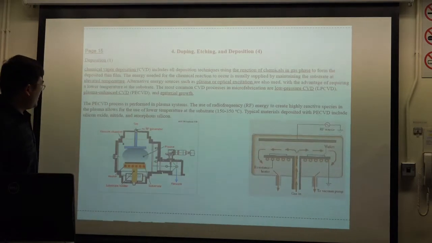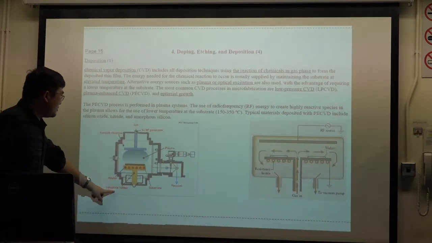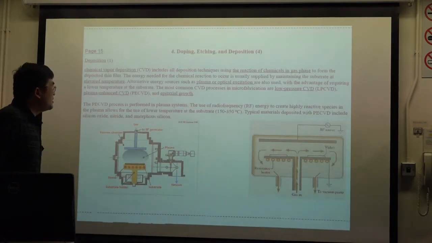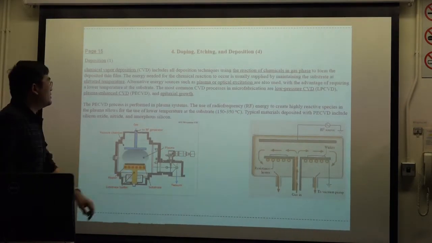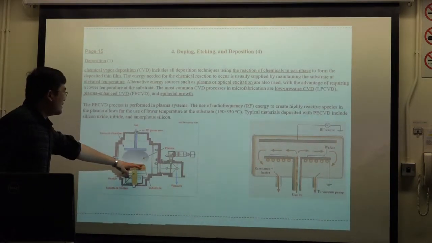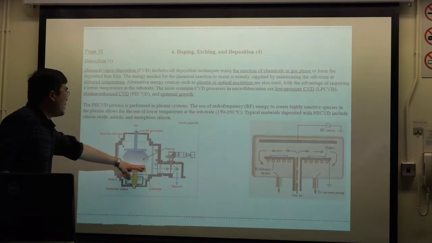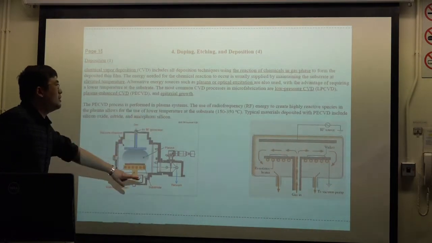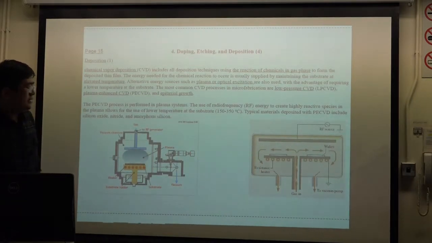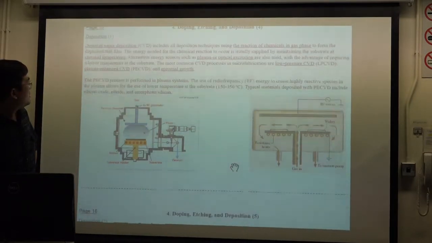You can see it also has a temperature controller to control the temperature. That is plasma generation. It keeps the substrate temperature from being too high, so lower, with RF creating reactive species.